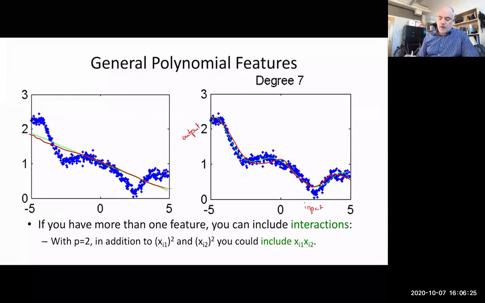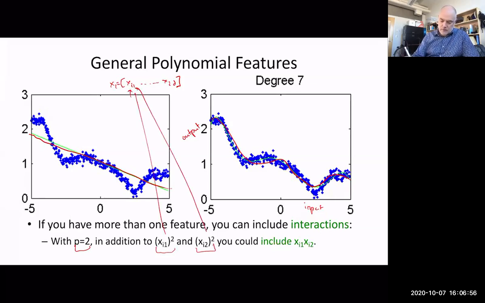Obviously, if you have more than one feature, so if xi is xi1 to xid, I guess, we've been talking about one-dimensional, then with a second order polynomial, in addition to the square terms for each of the features, you might also want to include the cross terms.